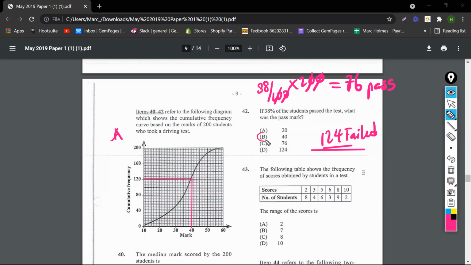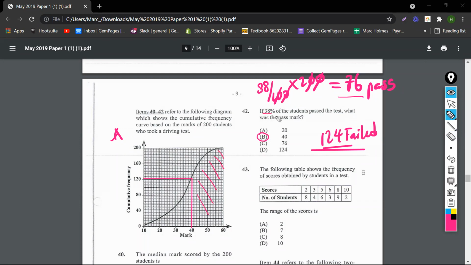If it's 40 now, then the 76 that pass would get over the 40, right? Everybody else would get less than 40. Make sense? So this was not very easy to see, but it definitely makes sense.